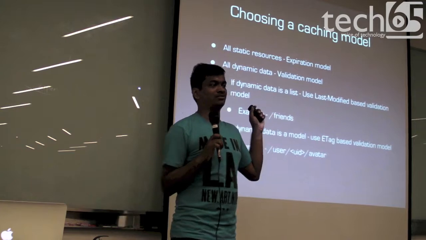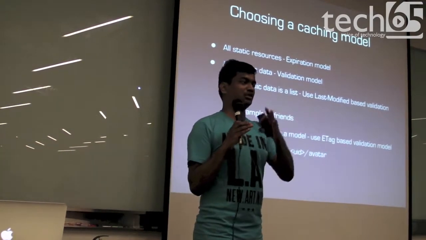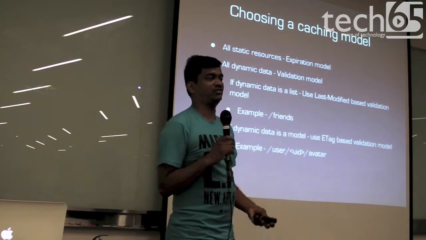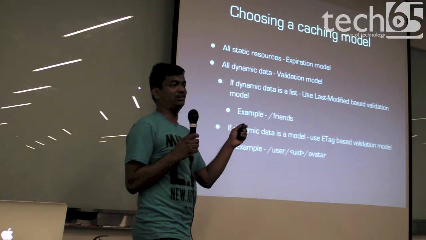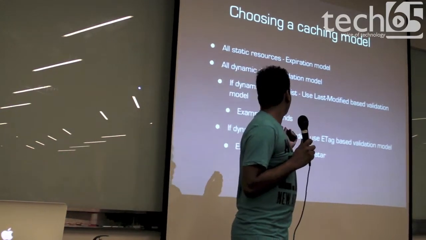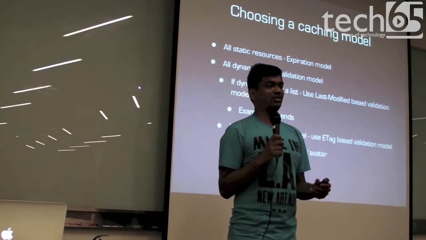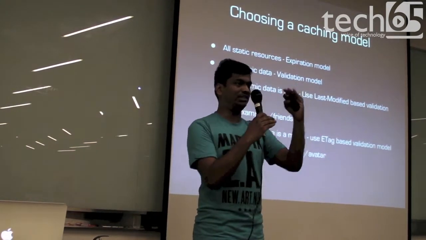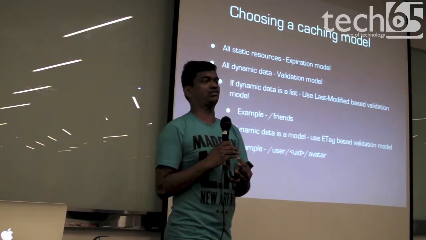All static models use the expiration model, like JPEG files, PNG files, expire after 7 days, something like that. Any dynamically generated data should be validated from the server. And if the dynamic data is a list, like a list of friends, use last modified and send only the diff when the client makes a request again.